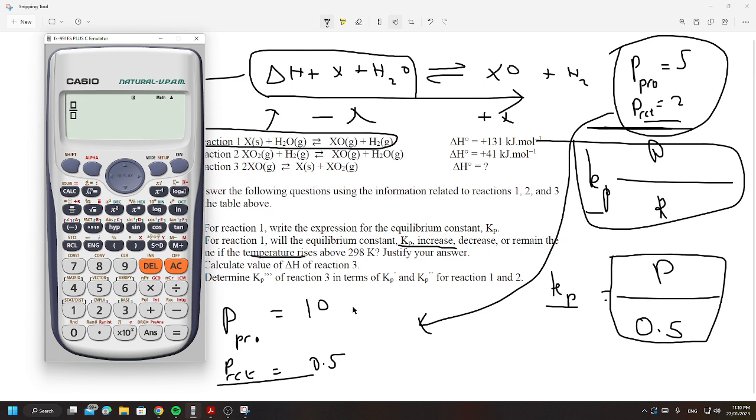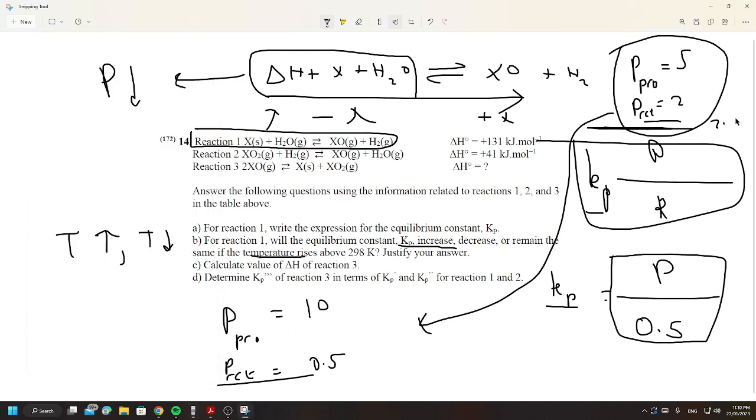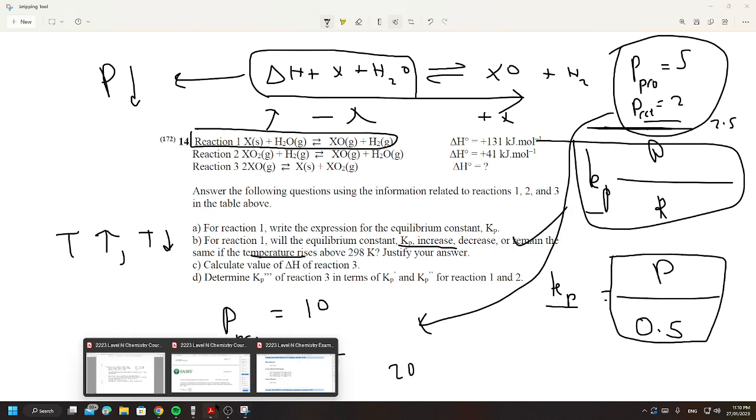So 5, product over reactants, 2.5, right? This was before the increase in temperature. After increasing temperature, the reactants decreased and the products increased. Therefore, 10 over 0.5, this is 20. So notice how we went from 2.5 to 20. So increasing the temperature does increase Kp.